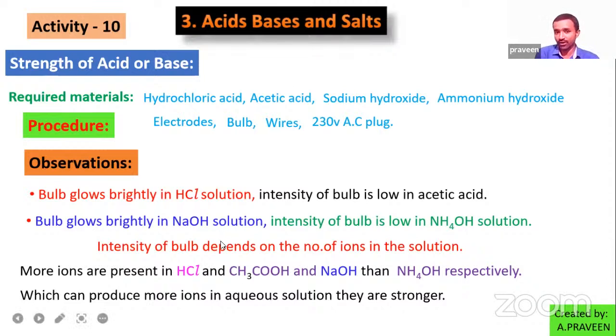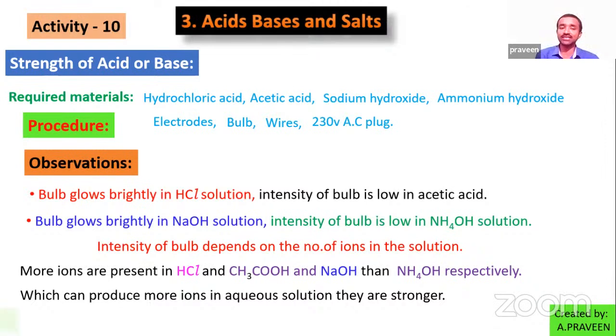Right? So here we know HCl is an acidic solution, CH3COOH acidic solution, and the remaining two, NaOH and NH4OH, are basic solutions. From them, we are deciding now, depending on the brightness of the bulb, we conclude that the one that produces more brightness has more number of ions.